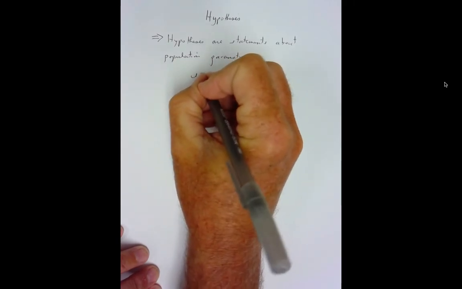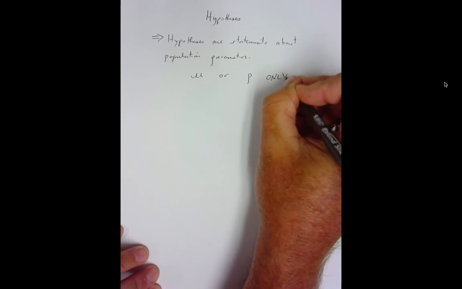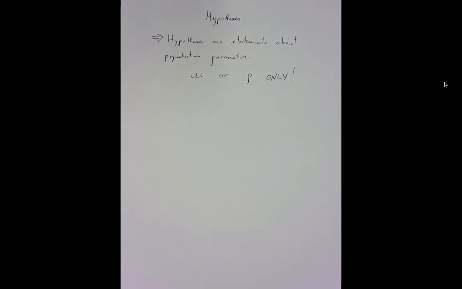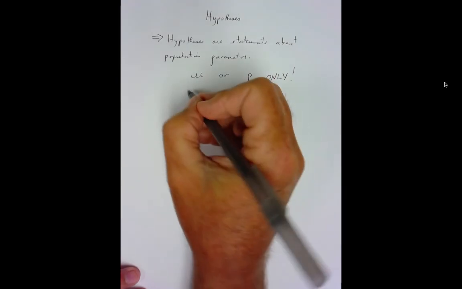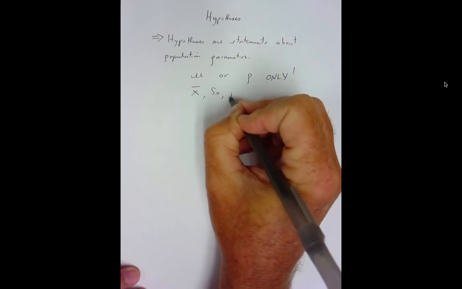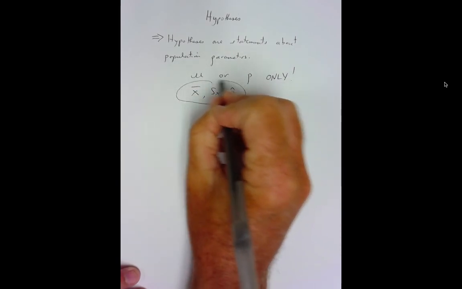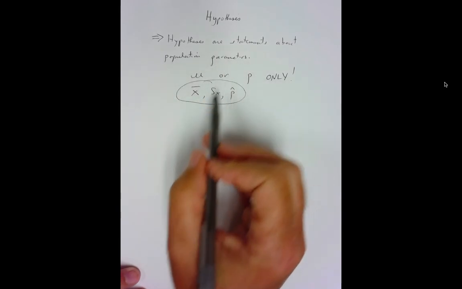So what this tells me is my hypotheses can only include mu or p. It cannot include x bar, sx, or p hat. These are notations that deal with sample statistics.